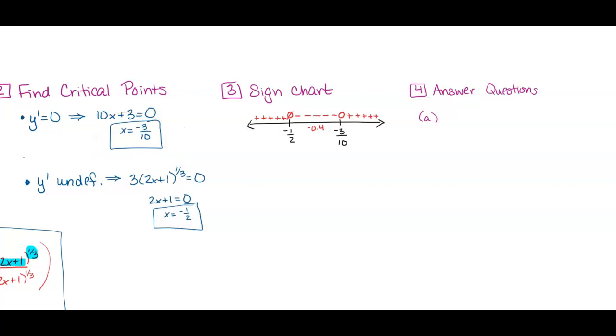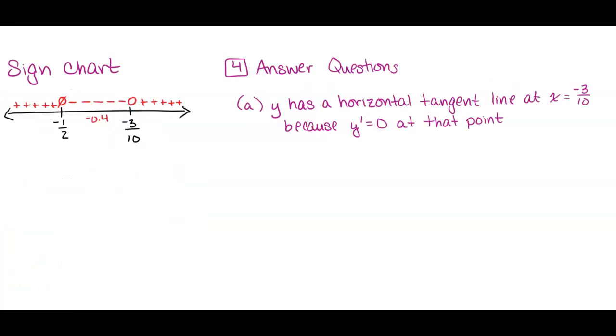It is not the same as critical points because critical points also include places where the derivative is undefined. Those are not horizontal tangent lines. So we want to just take the first half of the critical points, the ones that came from setting the derivative equal to 0. So here's how I would write up that answer. Pause here and read through this if you need to. You're saying where it happens and also how you know that it's happening there.